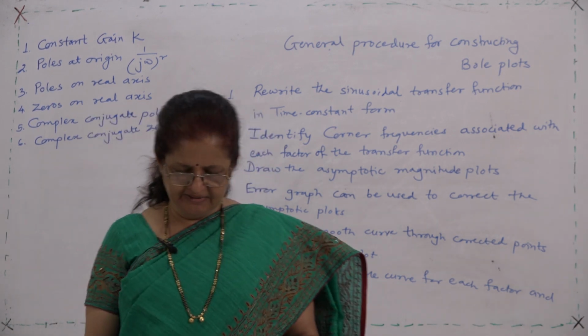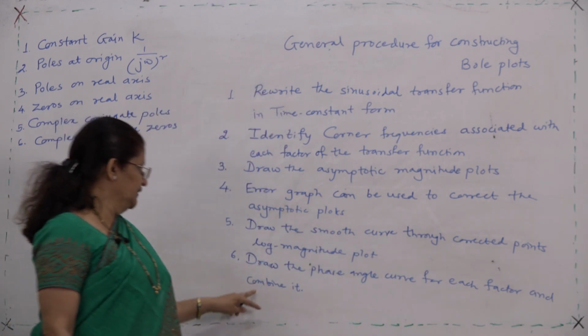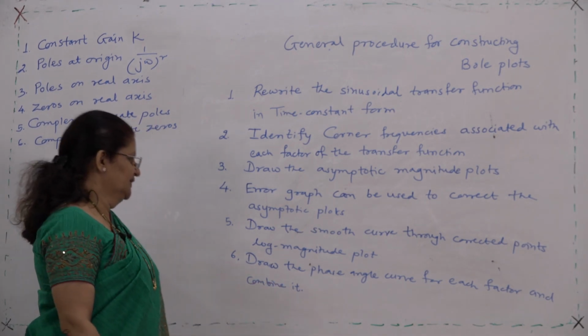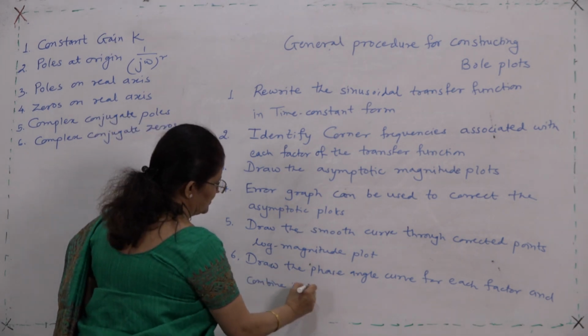Combine means we algebraically add all of these to get the total phase plot. Combine it to get the total phase plot.